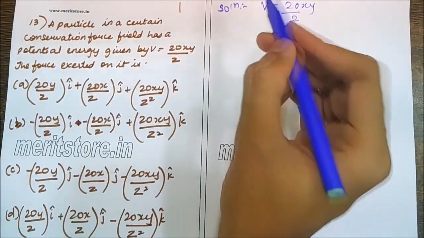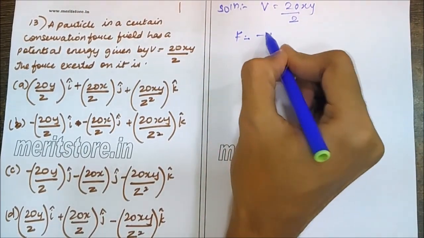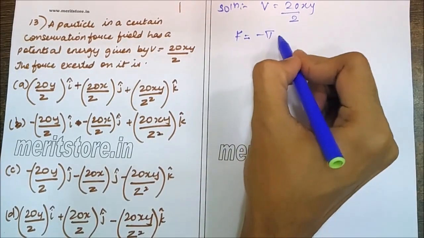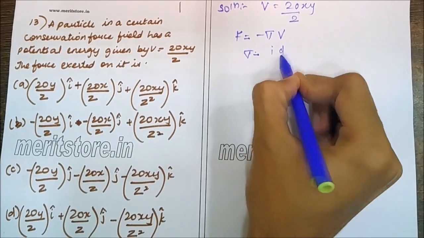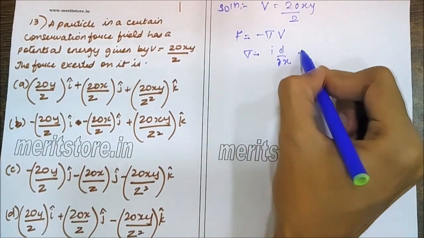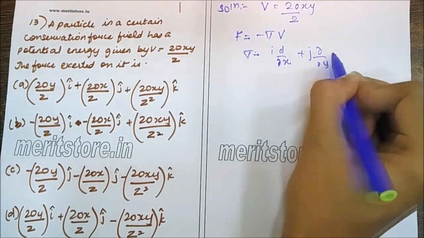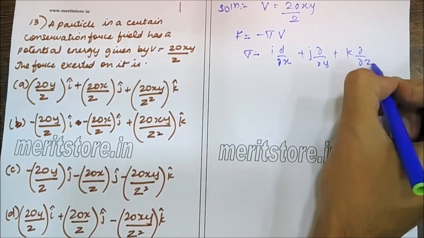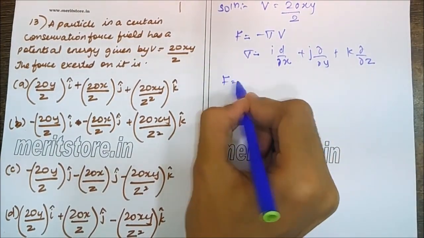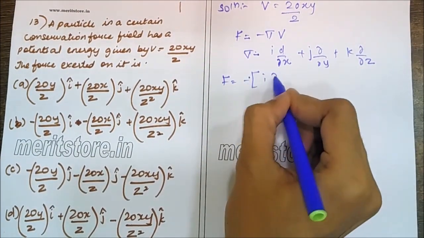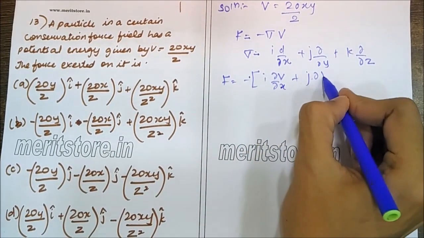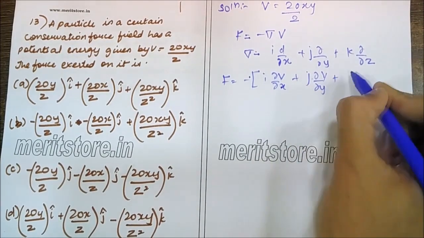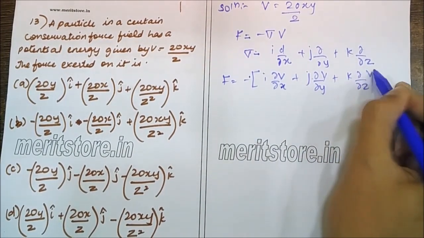For a conservative field, force is equal to minus the gradient of V. For the gradient we have the formula i ∂/∂x plus j ∂/∂y plus k ∂/∂z. So the force becomes equal to minus of i ∂V/∂x plus j ∂V/∂y plus k ∂V/∂z.